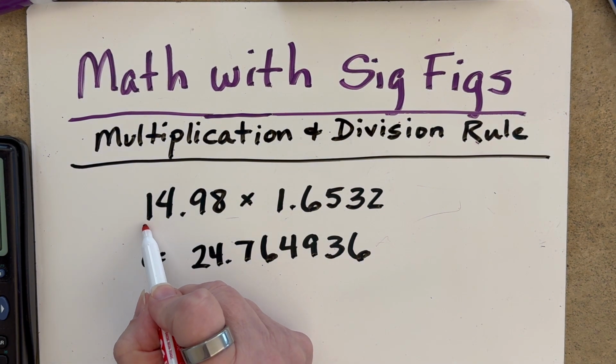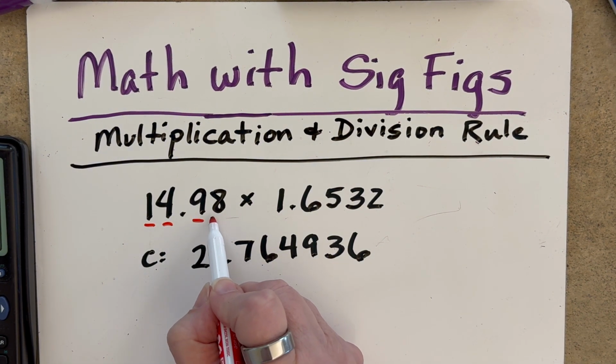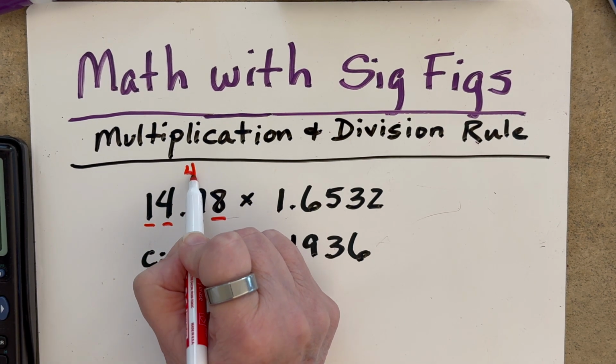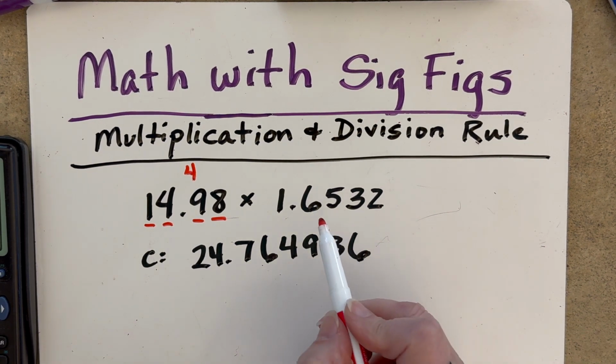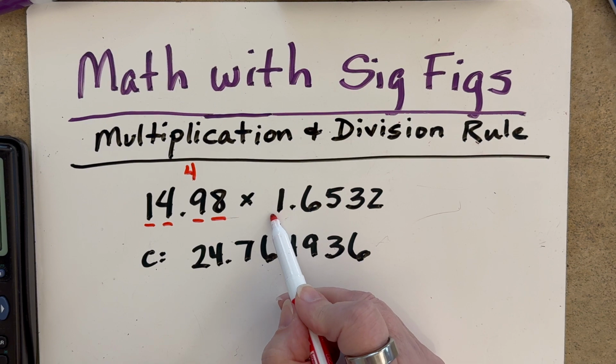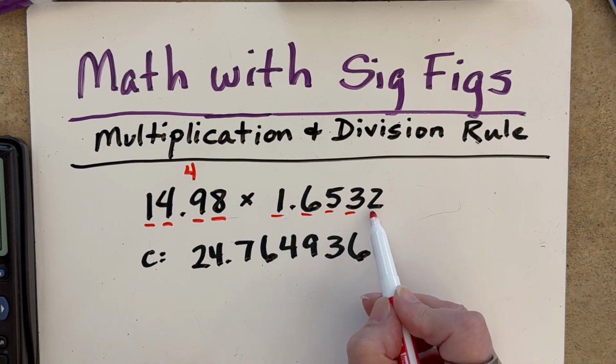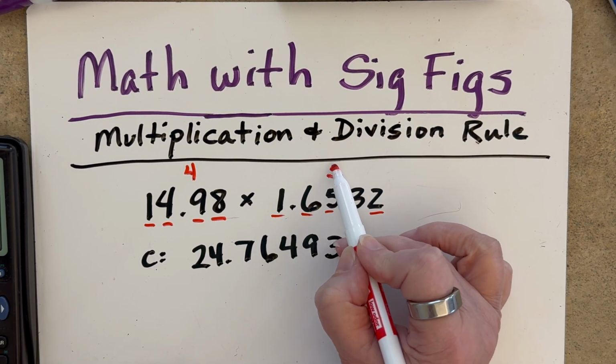This one has 1, 2, 3, 4 sig figs. Notice we're counting the ones on the left of the decimal as well as the right. Our next number has 1, 2, 3, 4, 5 significant figures.